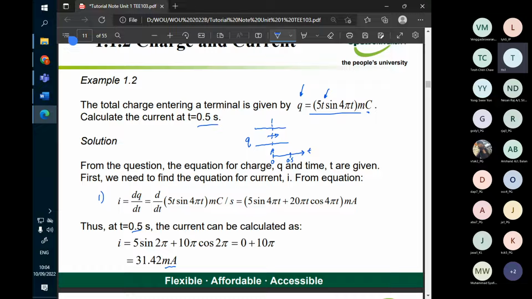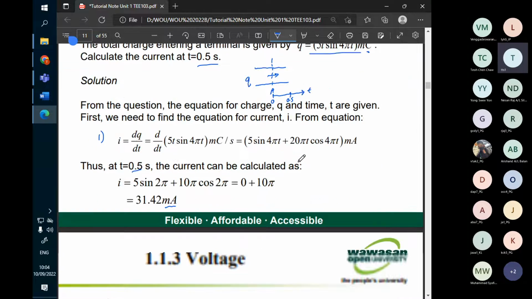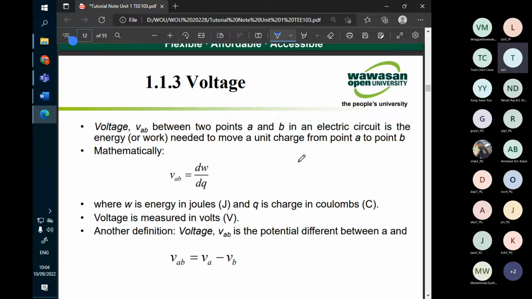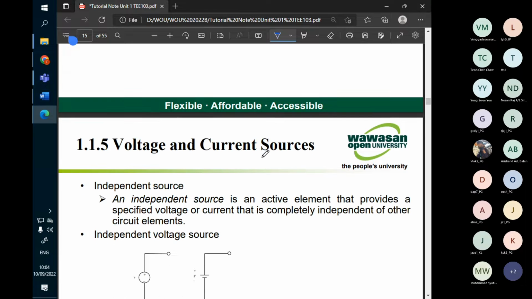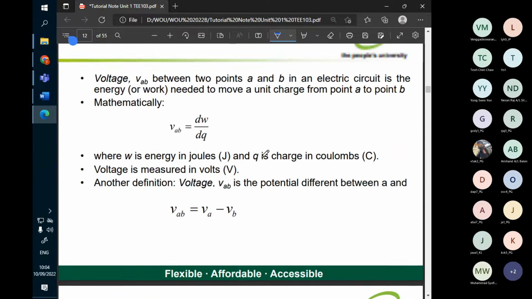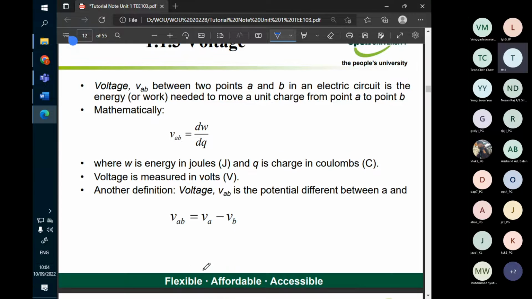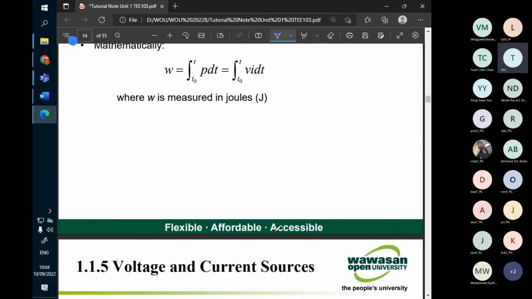So you can imagine how much charge is flowing through the wire, let's say within 1 second or 0.5 seconds. Okay, you can try to associate this. Okay, let's go through a bit more until we end this slide.